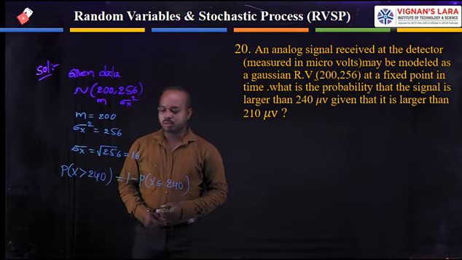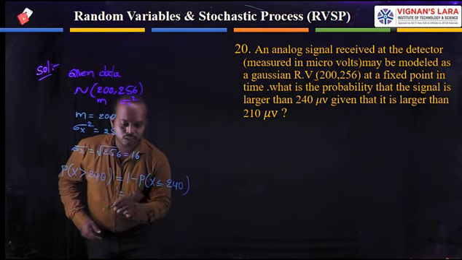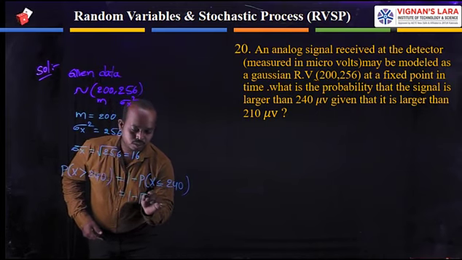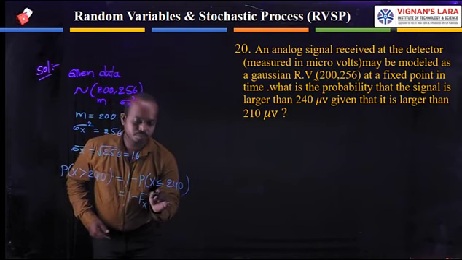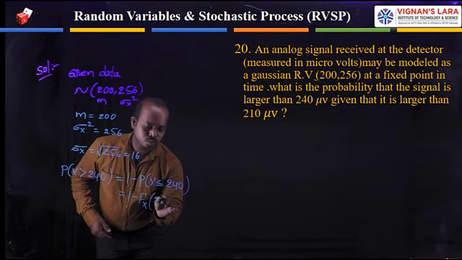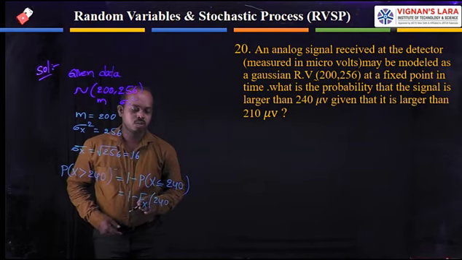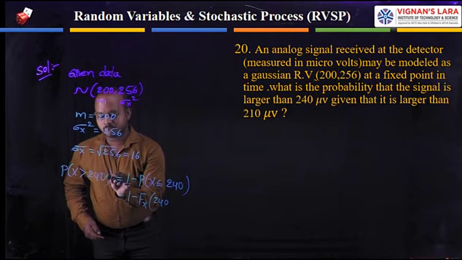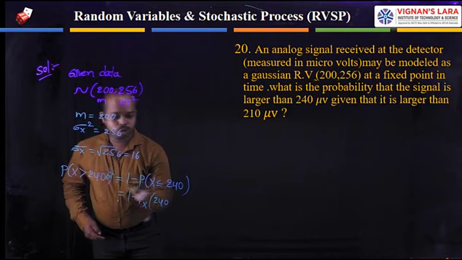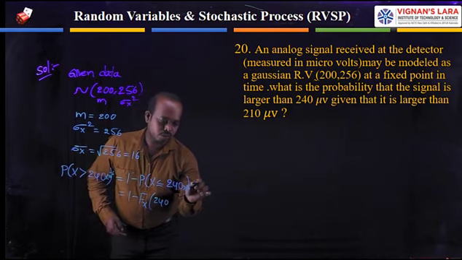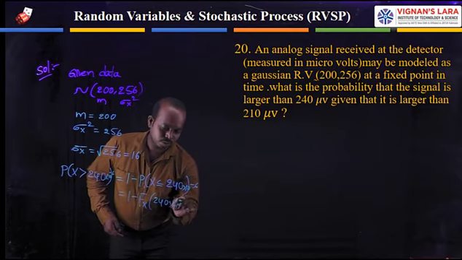In terms of distribution, it is 1 minus capital F of X at the event value 240 microvolts, that is 240 into 10 power minus 6.